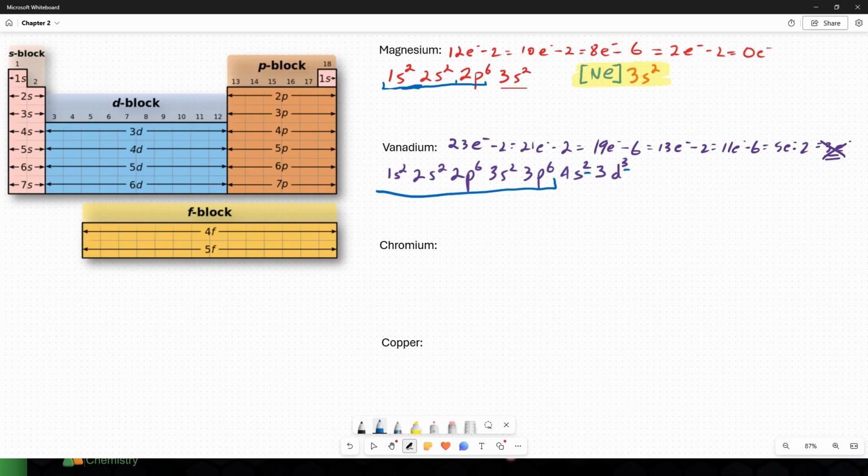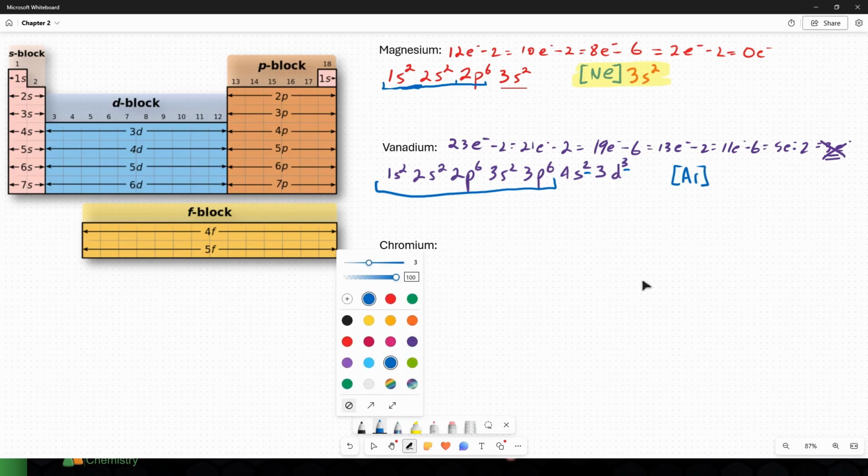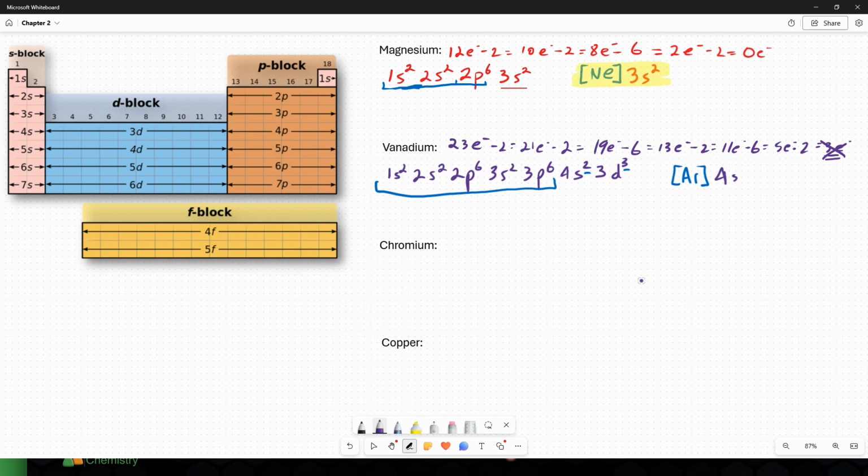So we're going to grab everything before that, and we're going to replace it with argon, which was the noble gas before vanadium, in parentheses. And then anything that is not included in that, we'd still write. So the 4s2, 3d3, we'll still write as 4s2, 3d3. And that is the noble gas electron configuration for vanadium.